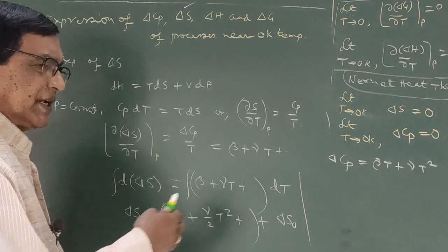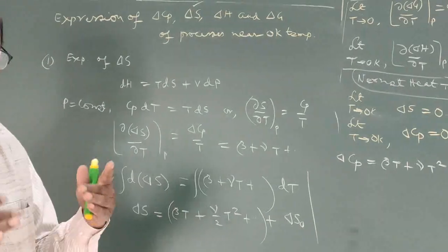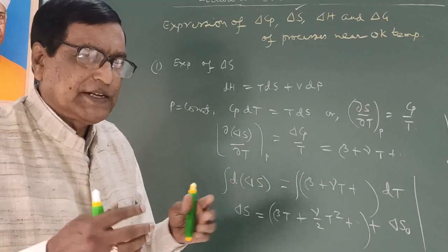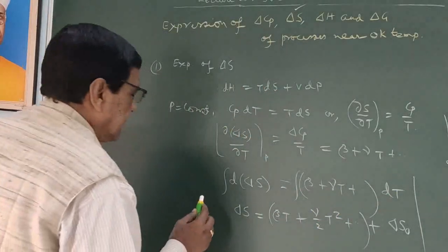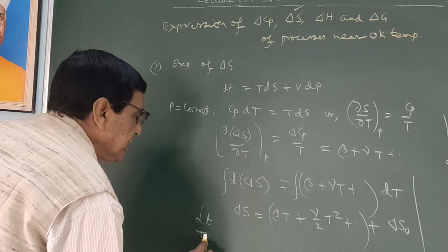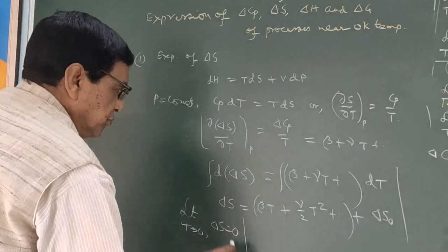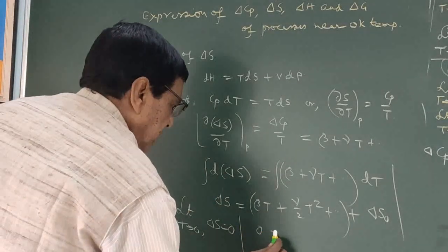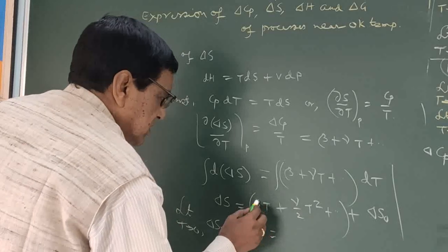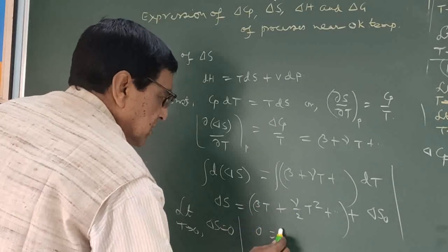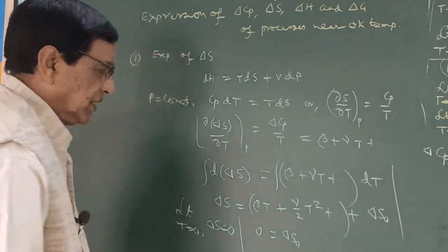But if we consider the process, whether it is chemical reactions or physical transformations, when at limit T tends to 0, del S equal to 0. So putting T equal to 0, this term is also 0, this term is also 0, this one equal to delta S0. So delta S0 is also equal to 0.